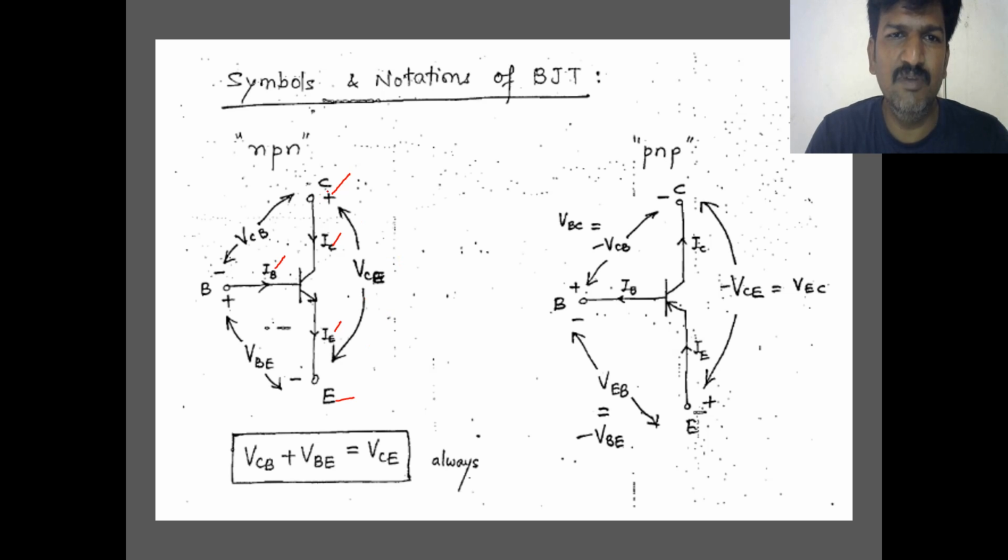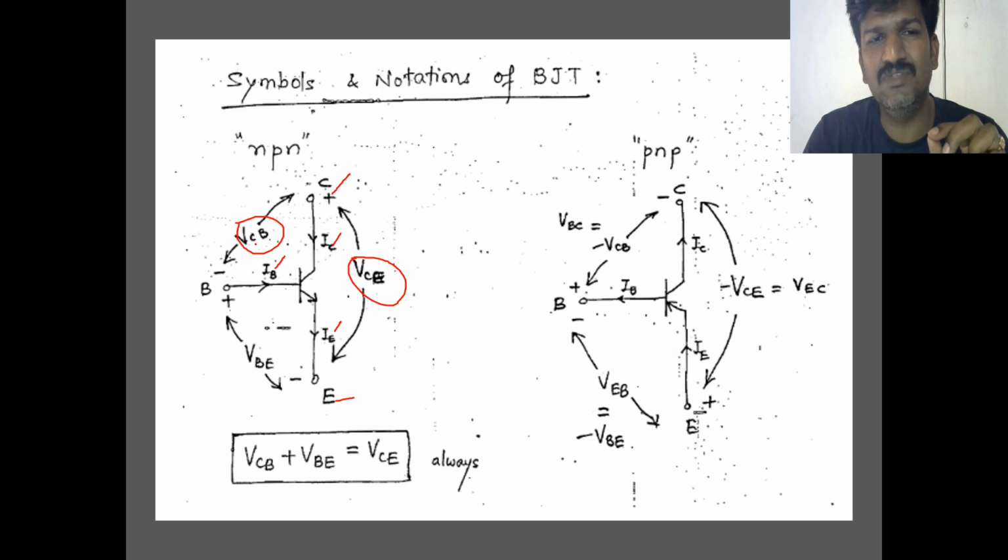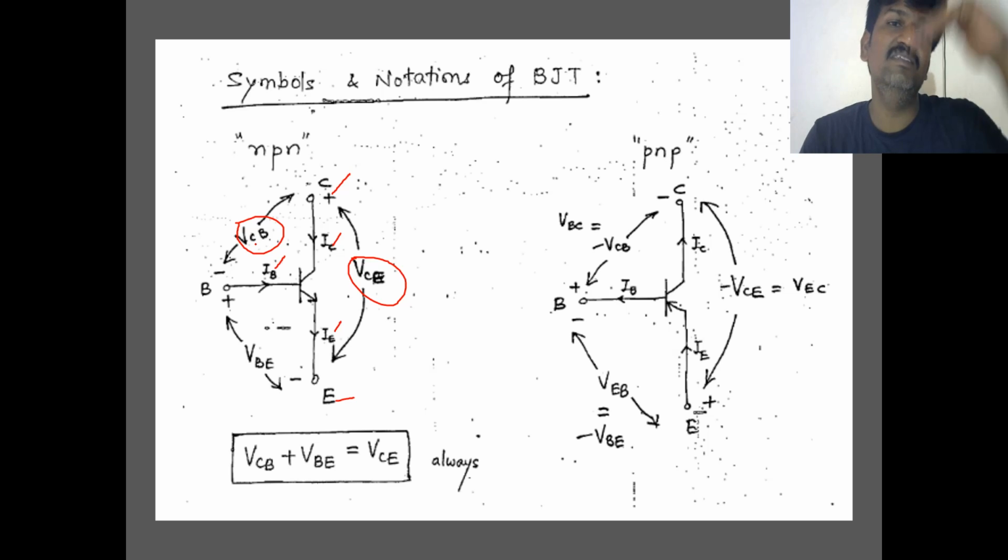Here the voltage between the collector and the emitter is called the collector to emitter voltage, VCE. The voltage between the collector and base is called VCB. If you write VBC, it becomes a reverse polarity, so you must take care about this notation. In VCB, C is the positive polarity and B is the negative polarity.